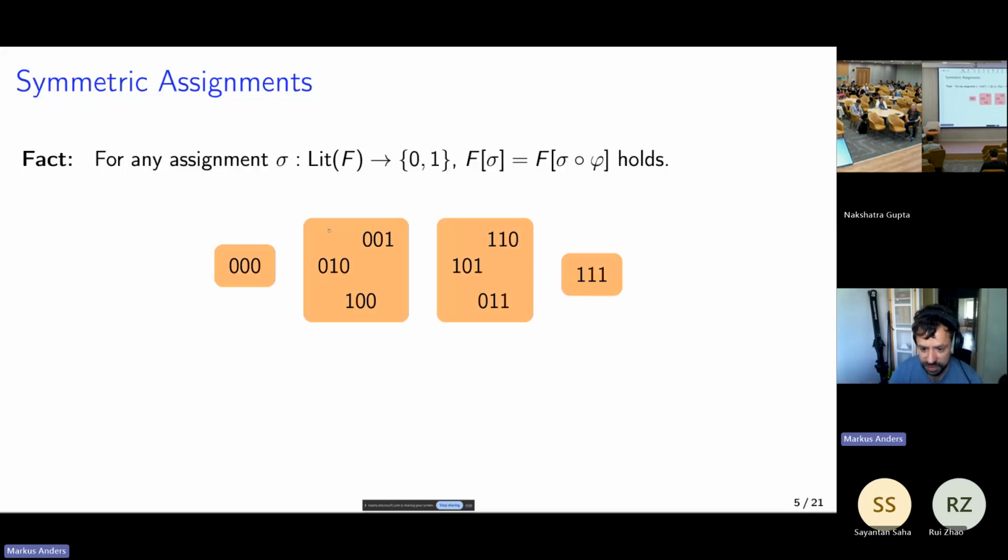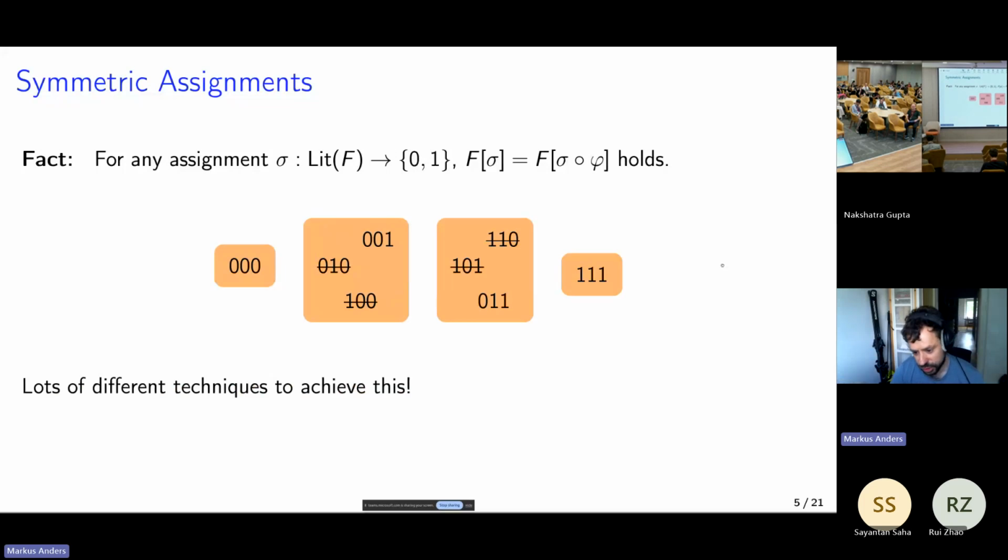So each of these boxes are supposed to represent assignments that we can map onto each other via symmetry. And the very simple observation is that we can reduce the number of assignments we test to only 1 per equivalence class. Because in each equivalence class, we can map the assignments onto each other via symmetry. And we know that by symmetry, they must give the exactly same result for a given formula.